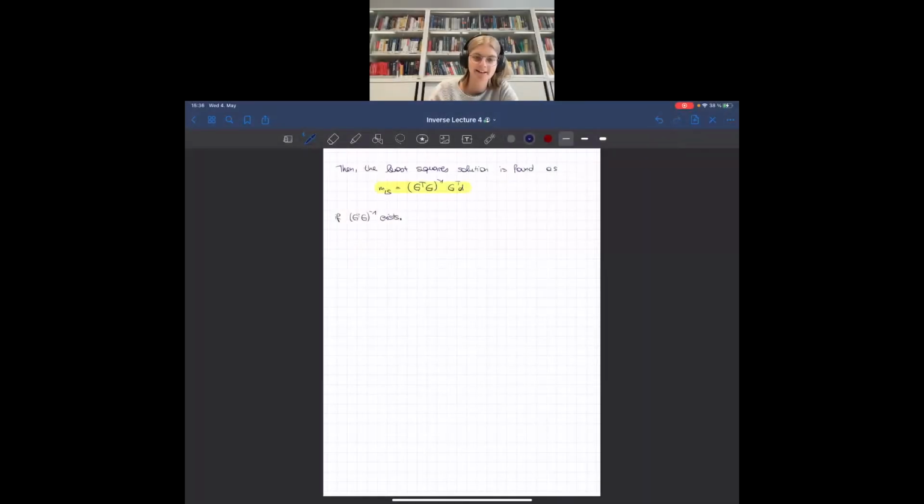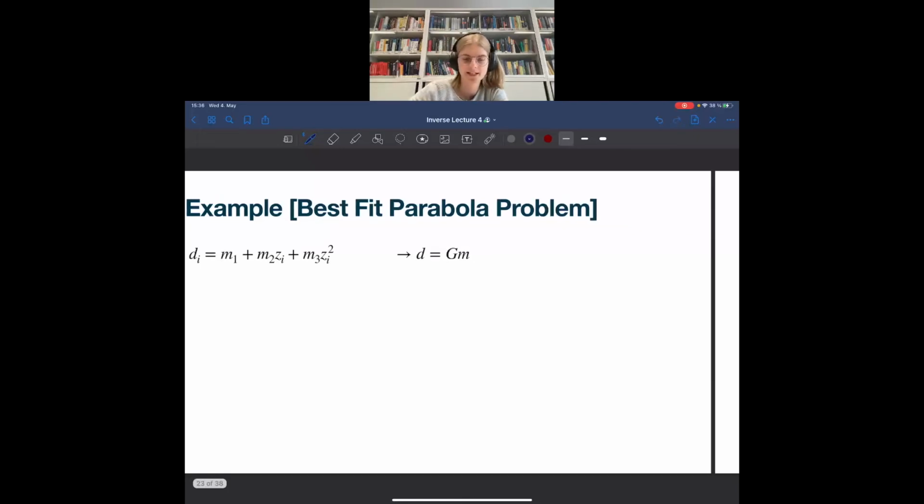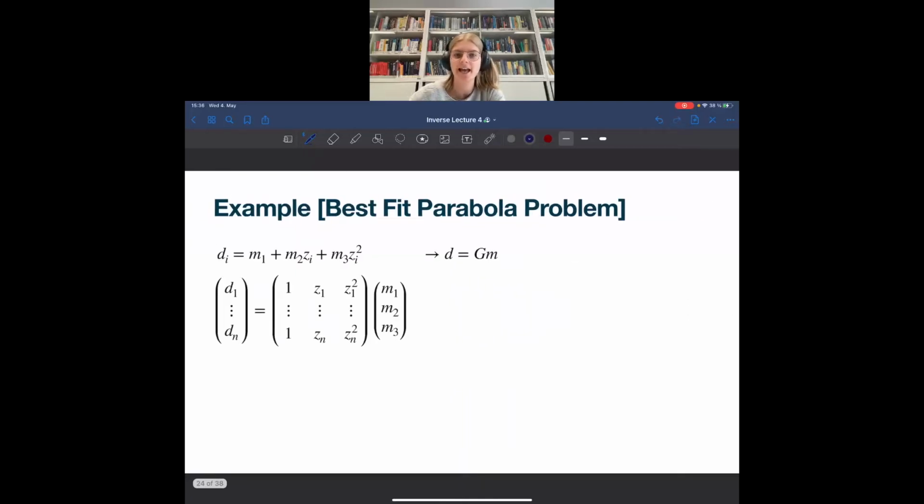Then let's look at another example. I'd like to fit with you a parabola. So compared to before, we have one additional term, and it is m3 times zi squared. So life got just a bit harder here. We assume once again n data points, and we define a matrix notation for this stuff, and we found out that we have something like vector d.